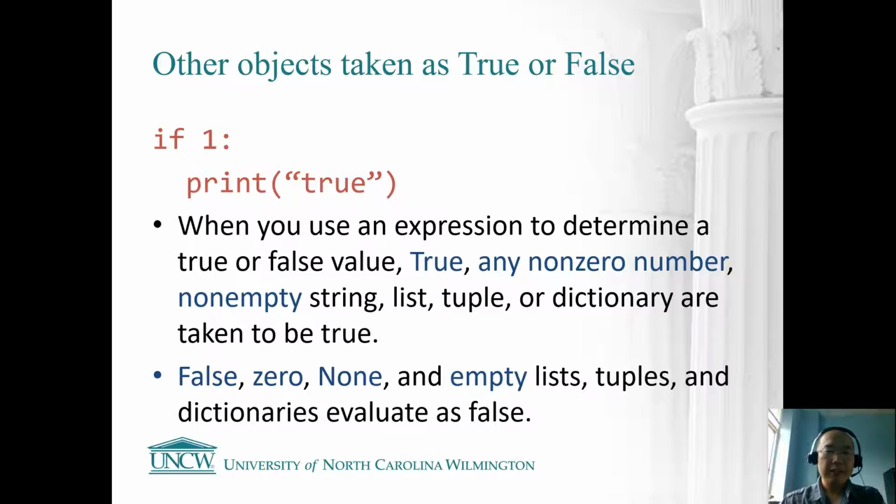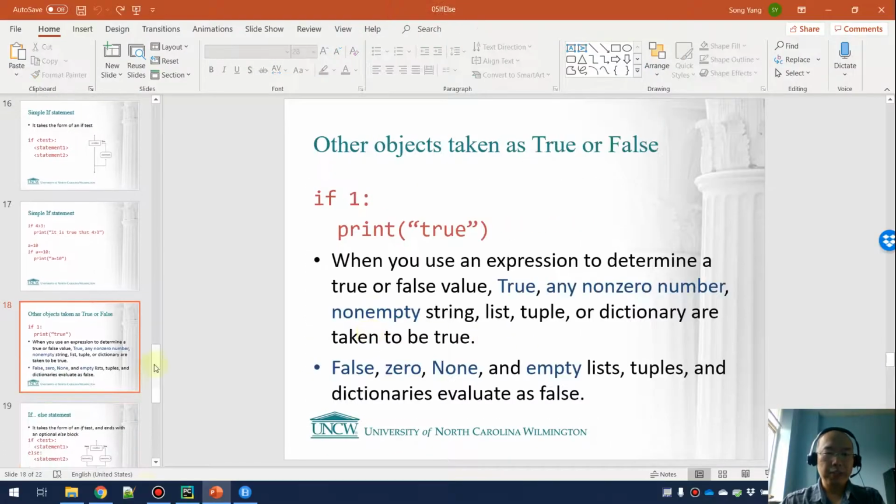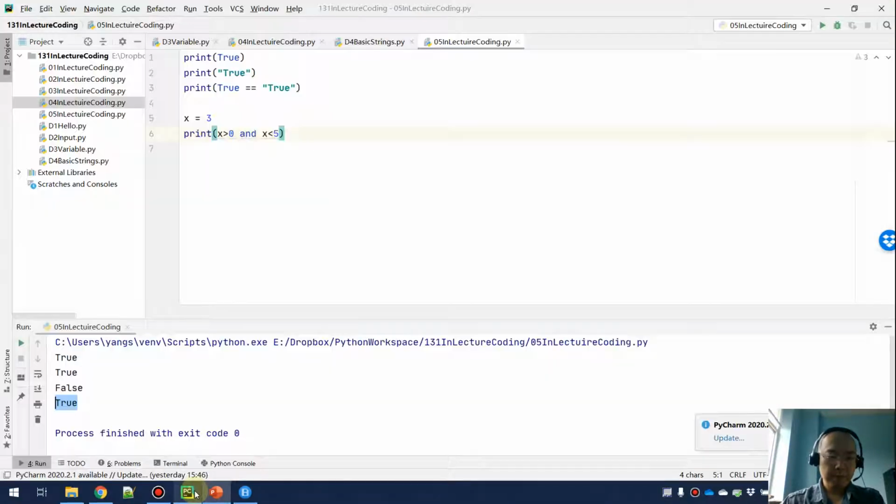Well, let me try to give you an example. Let me write: say my bank balance equals, say I'm very poor, I only have $0.9.